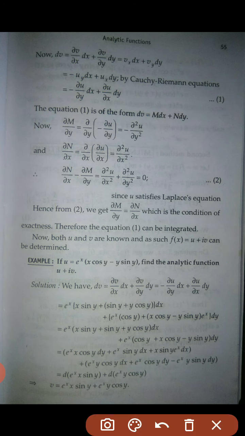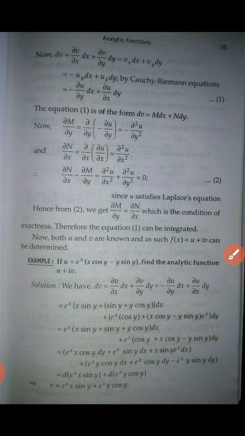Similarly, del N by del x equals del by del x of N. This is the value of N here, so we put this value here and get del by del x of del u by del x. Differentiating partially with respect to x, we get del 2u by del x2.